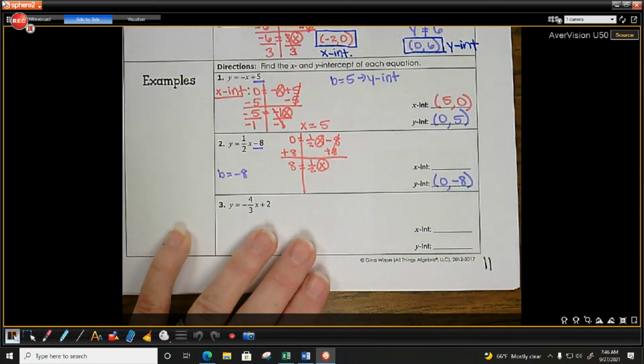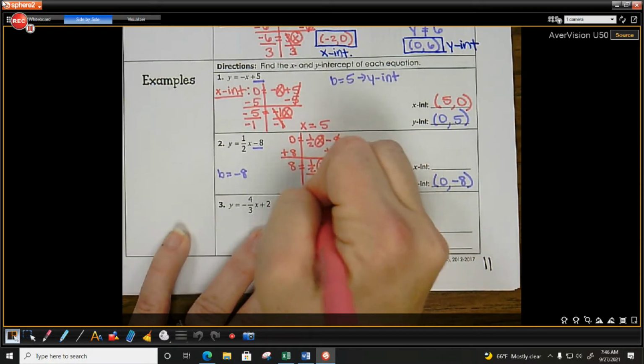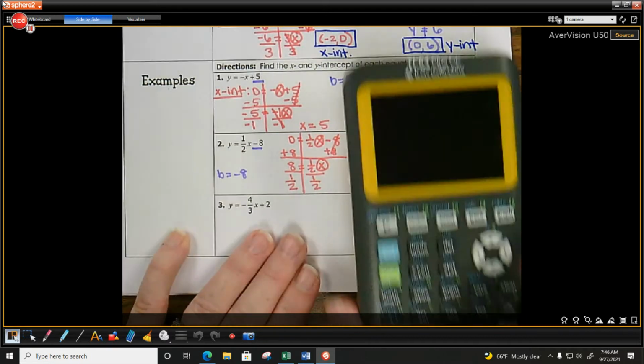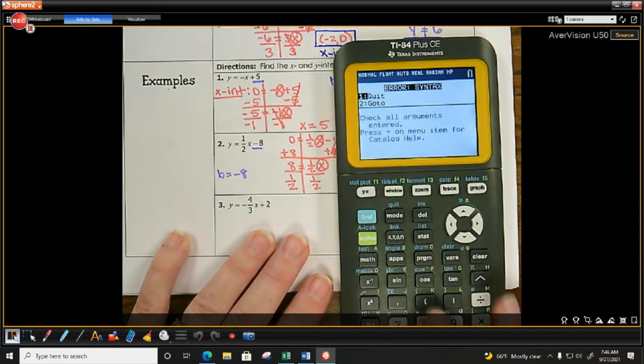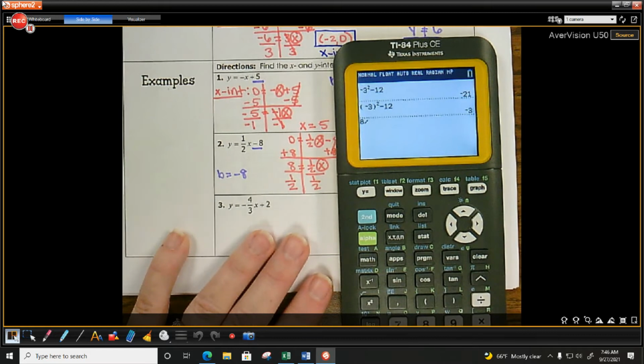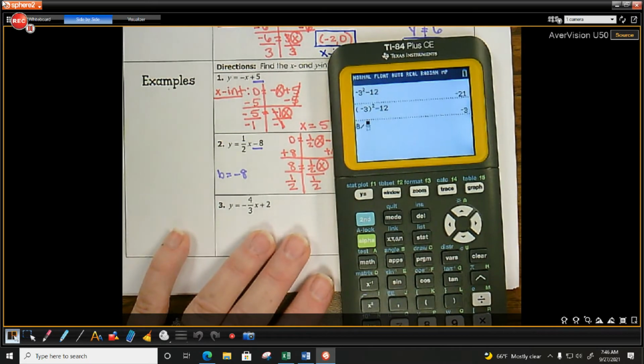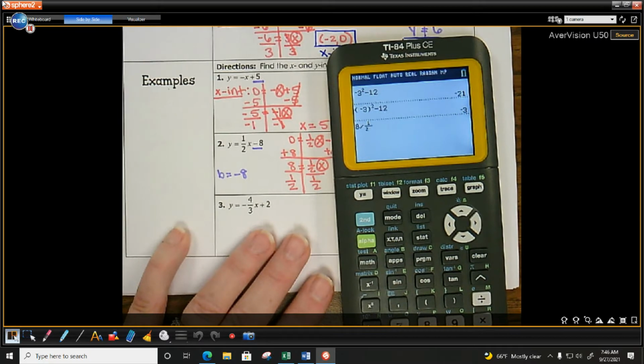What do I do to get the 1/2 away? Divide by 1/2. Now remember, guys, we can type this in our calculator. 8 divided by a fraction. How do you put a fraction in the calculator? Alpha y equals enter. 1/2. If you do 8 divided by 1 divided by 2, you're going to get the wrong answer.